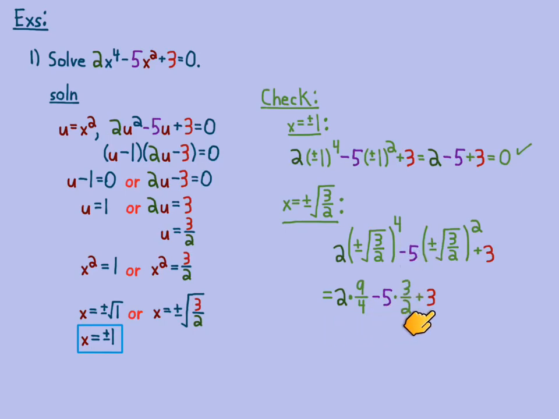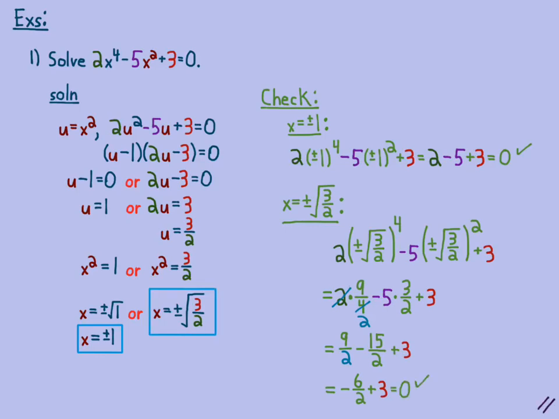And then you have to see if this gives you 0 or not. So I reduce that. 2 over 4 reduces, and that makes it easy to combine these. Because it's 9/2 minus 15/2 plus 3. 9/2 minus 15/2 is negative 6/2, so it's minus 3 plus 3, or negative 3 plus 3.